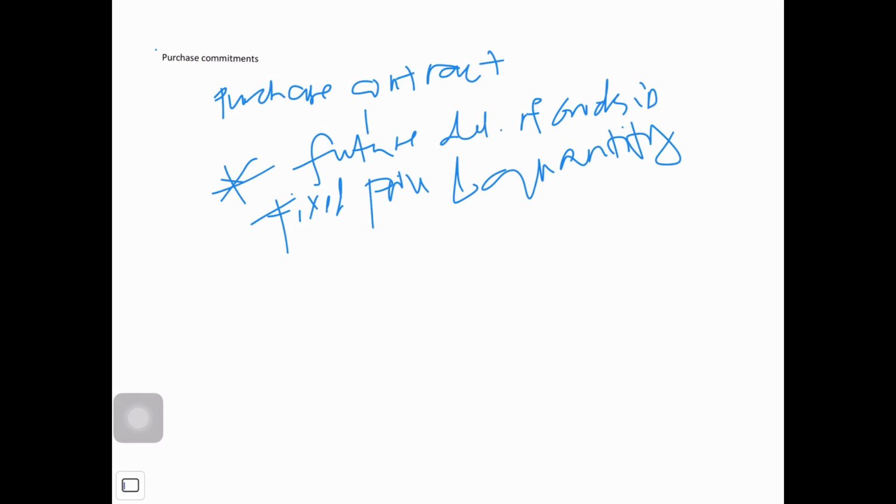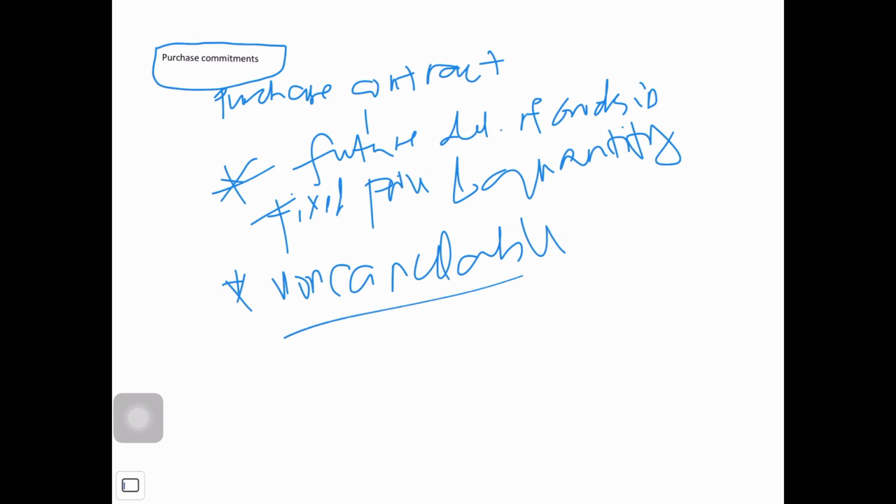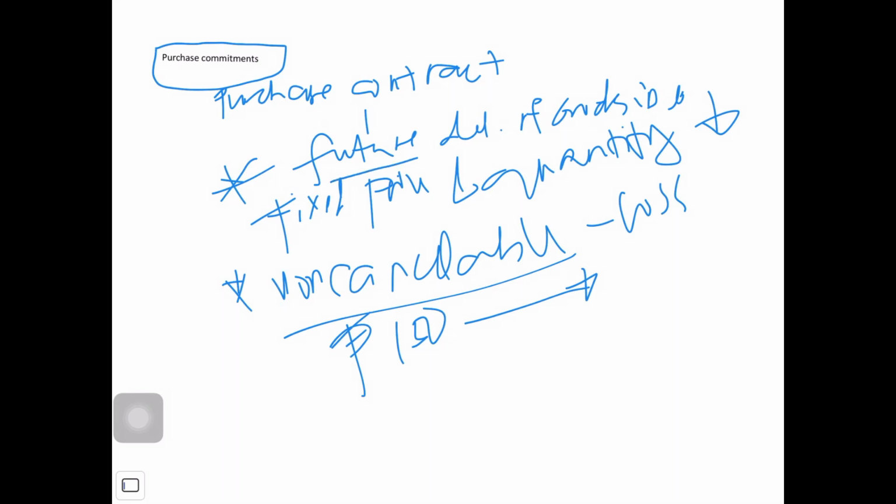So you are committed to buy this amount in the future. If it is non-cancelable, then you record a loss if the price becomes lower. For example, you agreed when executing the contract that the price is 150. However, when the future delivery happens, the price has become 100.